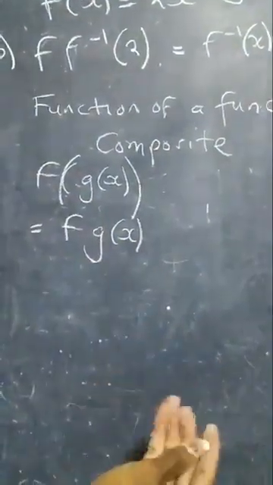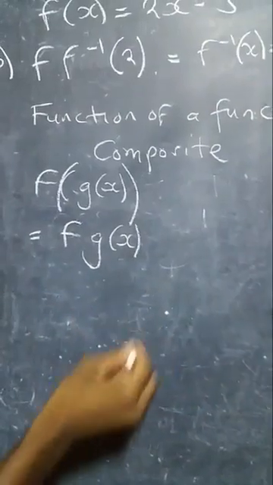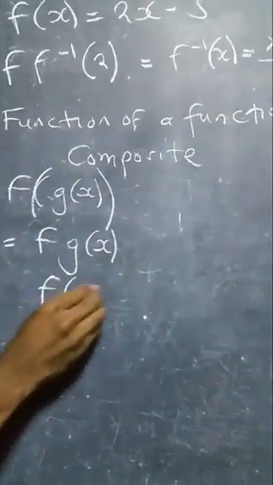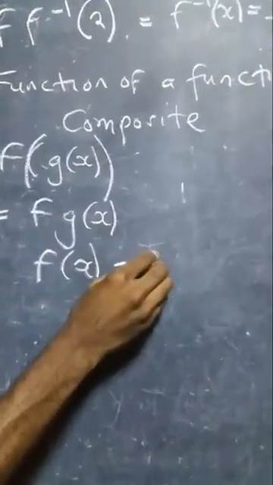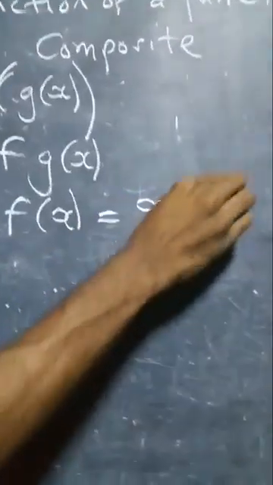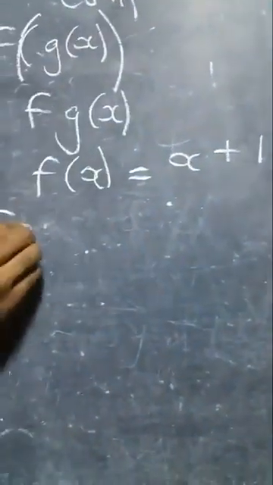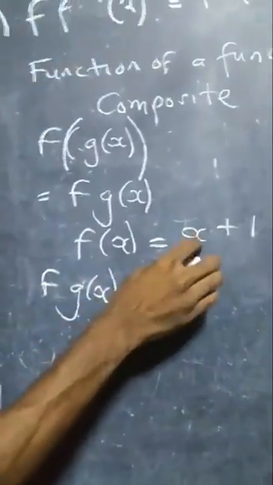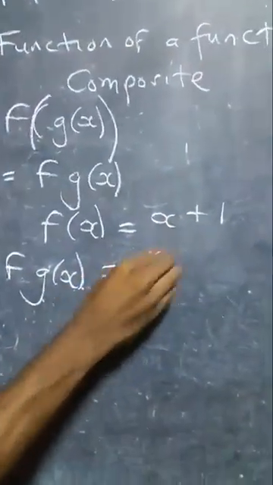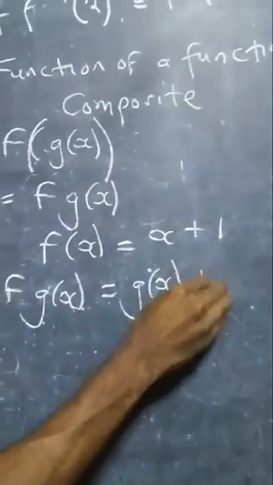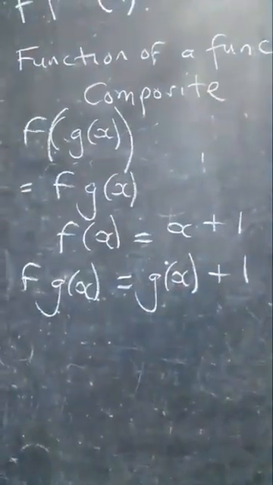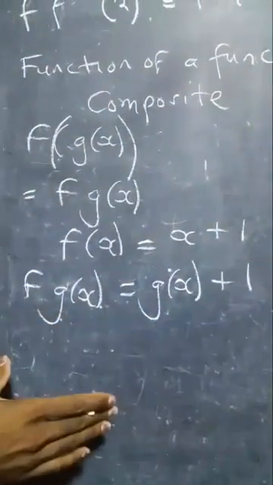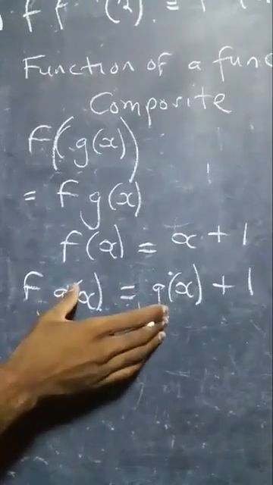So, for example, let f of x be the same x plus 1. Then they say find fg of x. That means where there is x, you are putting g of x plus 1. That is what you are doing.